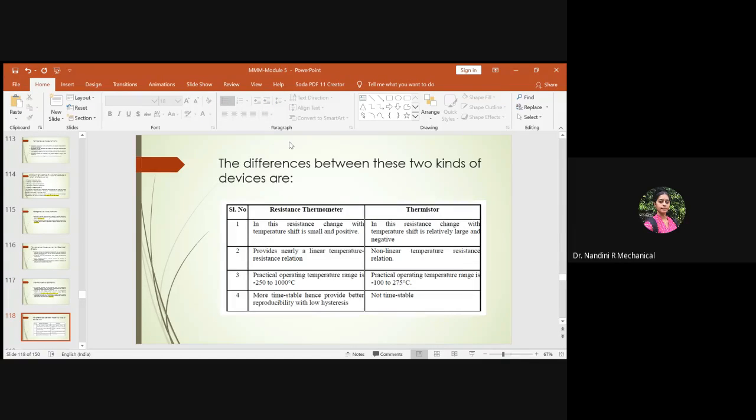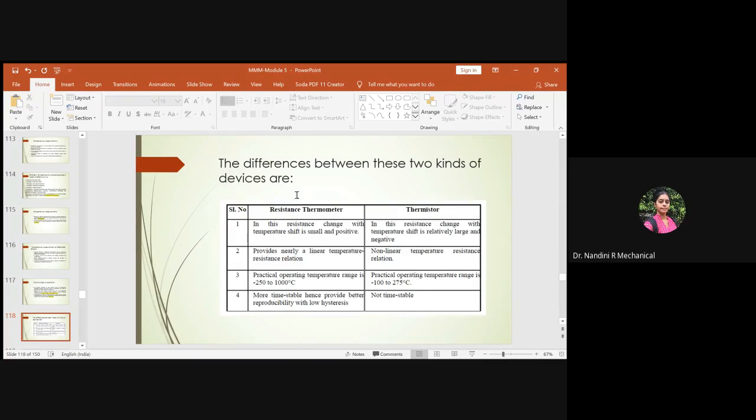Now you can see the difference between the resistance thermometer and thermistor. You now know which material is used for the thermometer as well as the thermistor. If they ask you to list the difference, you can categorize it like this.